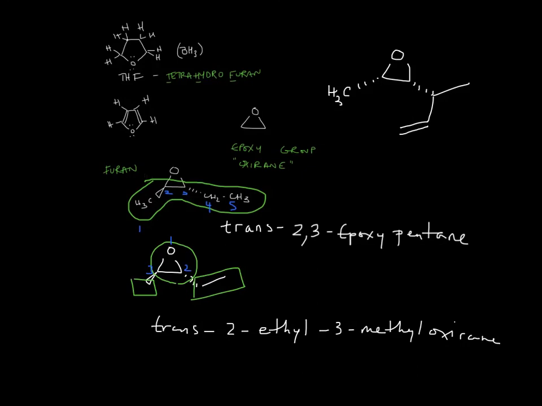So see what would make more sense to you and what would be the highest priority in this case. Note that epoxies are never going to be your highest priority functional group because they are just like alkoxies. They're the lowest possible ones. So see if this would be easier to name with the oxirane as the main chain or something else as the main chain, and we'll go through that one first thing in class with the other one from the previous slide. Have a great day, and I'll see you soon.